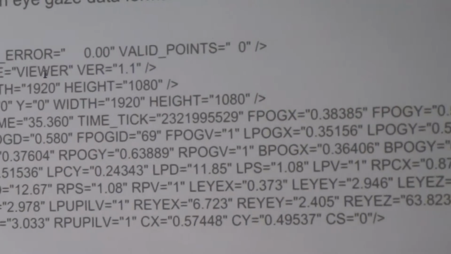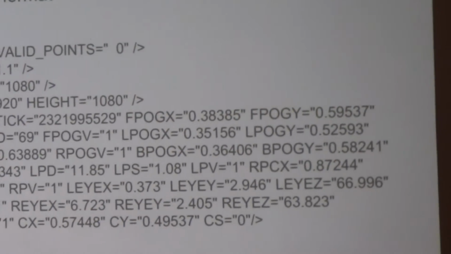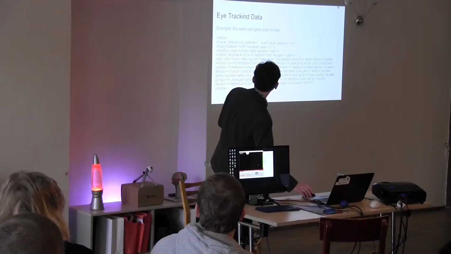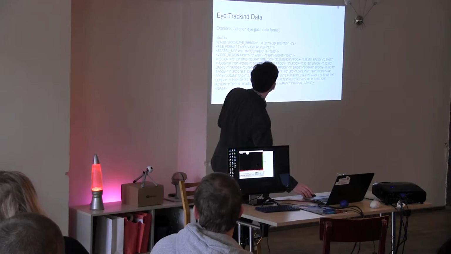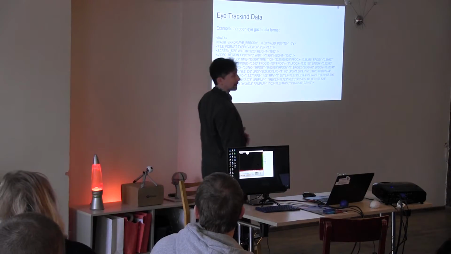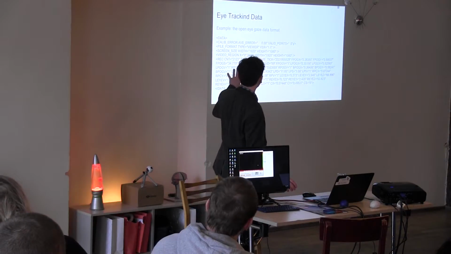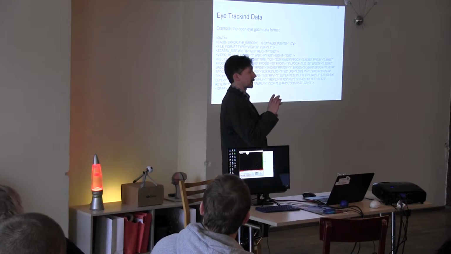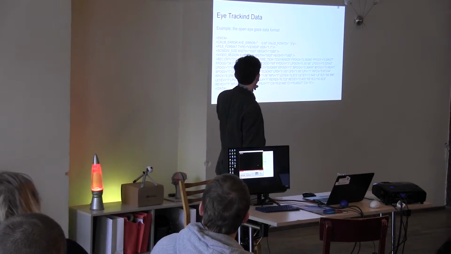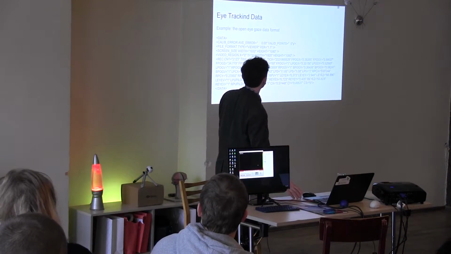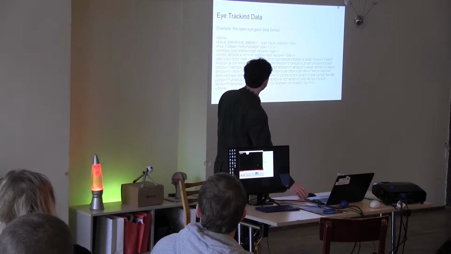In the beginning, there is the calibration data. While I took this package from the start of the data file, it doesn't have calibration yet. So the valid calibration points are 0 and the error is 0 as well.